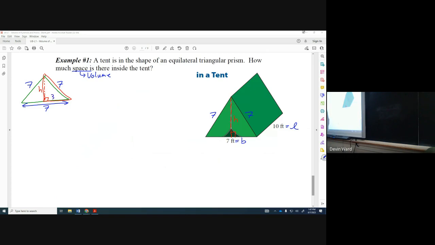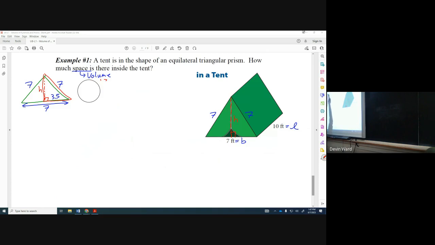So half of 7 is 3.5. So now I have a right angle triangle with 7 as my hypotenuse and 3.5. Okay? So now I can use the Pythagorean theorem, where I have a squared plus b squared.